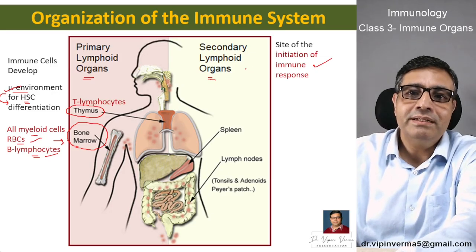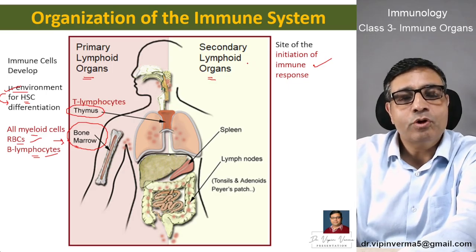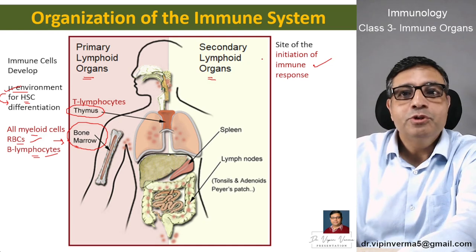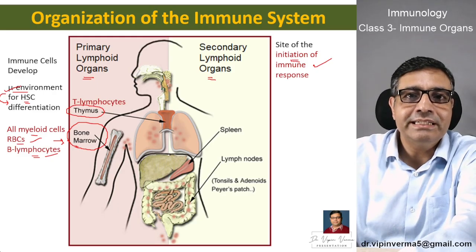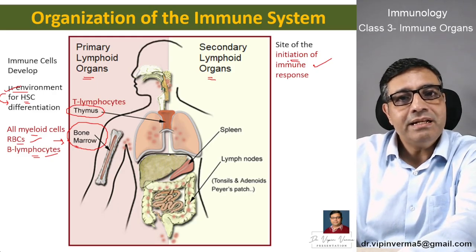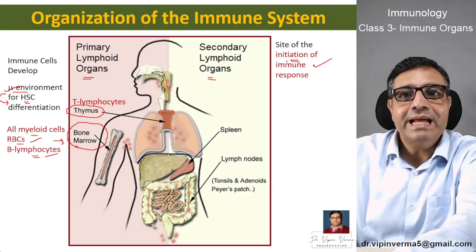In a similar manner, the antigens are exposed to naive B cells or vice versa. Okay, so these are the site of the initiation of the immune response. Once the right antigen interacts with the right cell, the activation of the immune cell starts, and then it leads to the immune response.